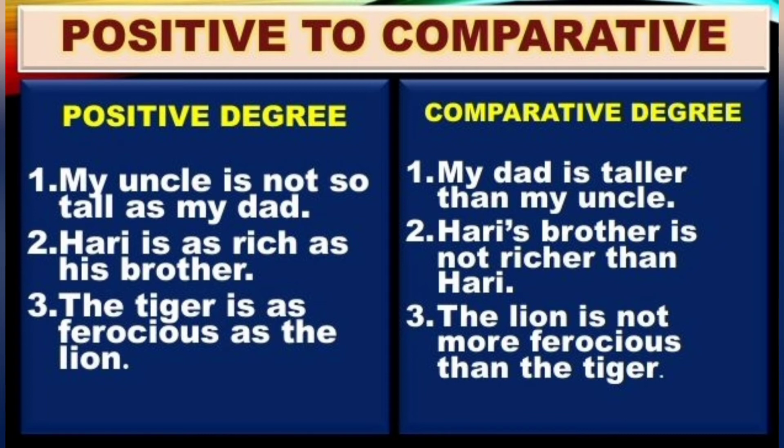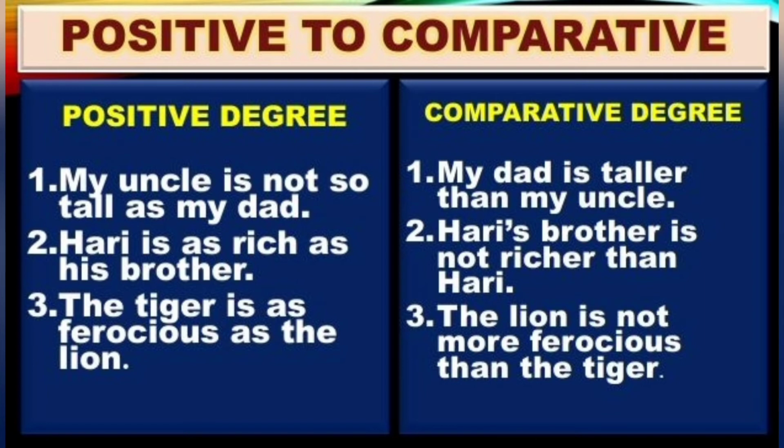So first we shall divide this sentence into 4 parts. Subject: my uncle is the subject. Verb: is not is the verb. Adjective part: so tall as is the adjective. My dad is the rest. So this way we can divide the sentence into 4 parts.